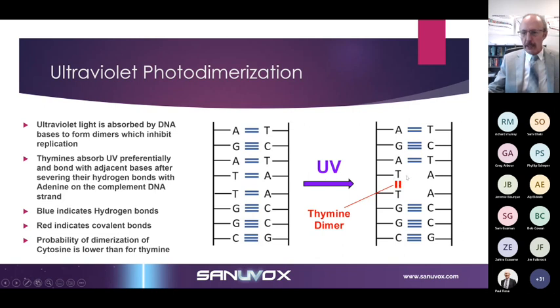The hydrogen bonds break and the thymine bonds with the next nearest neighbor, usually an adjacent thymine or cytosine. The blue are the hydrogen bonds. The red are covalent bonds between the two thymine molecules. The probability of cytosine dimerization is always a bit lower than for thymine.